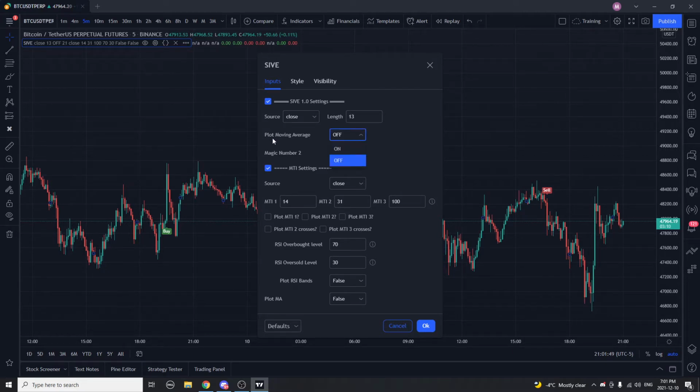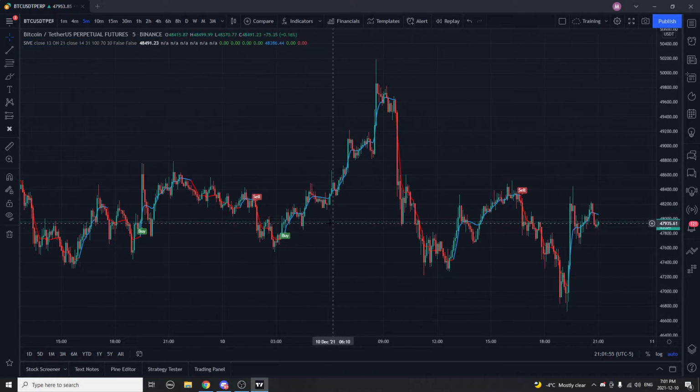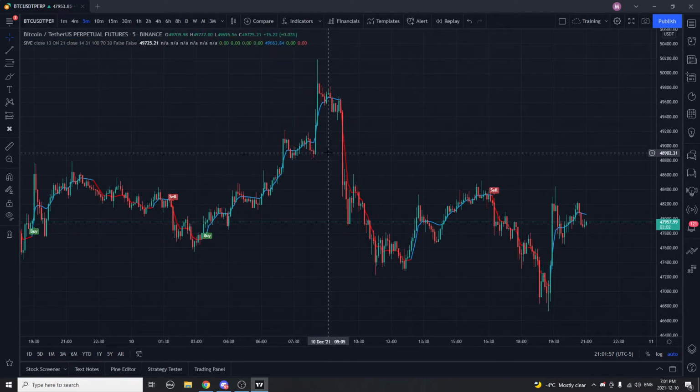Next, we have plot moving average. And what this does is it shows you this really cool trend filtering moving average. And this is one of the many things that Sive is based upon, is this moving average. But it's not like any other moving average you've used or you've seen.